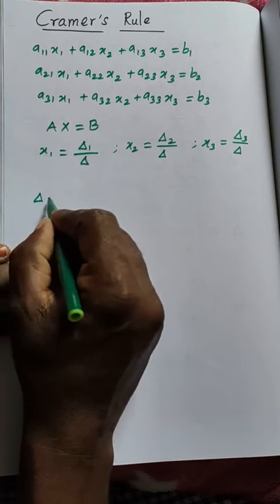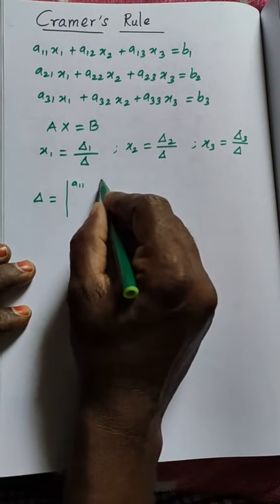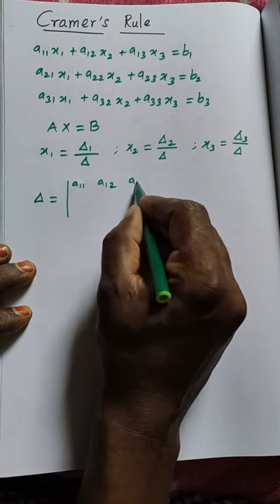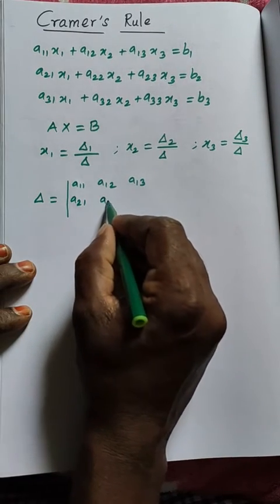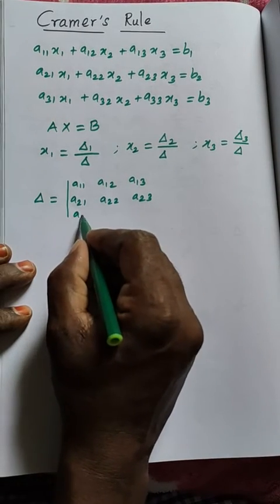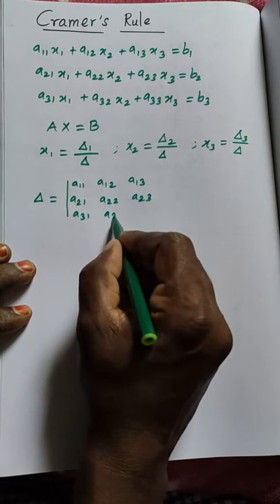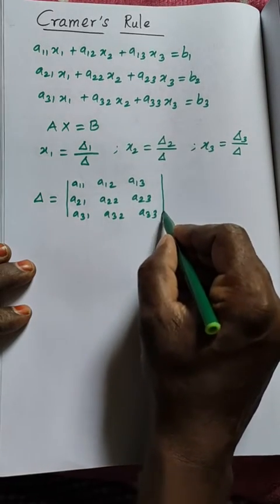Therefore delta is equal to a11, a12, a13, a21, a22, a23, a31, a32, a33. This is delta.